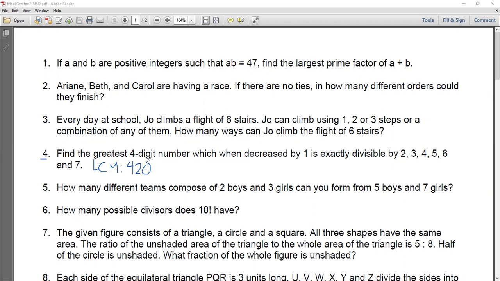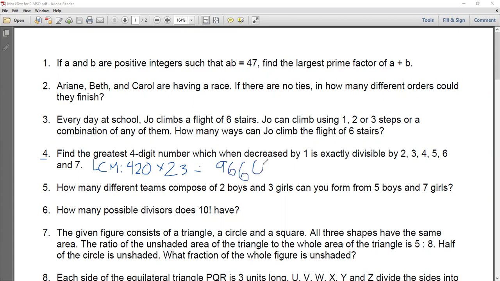You can multiply 420 by 23, because that is the nearest. So 420 times 23 is equivalent to 9,660. So that is actually the nearest number to 10,000.